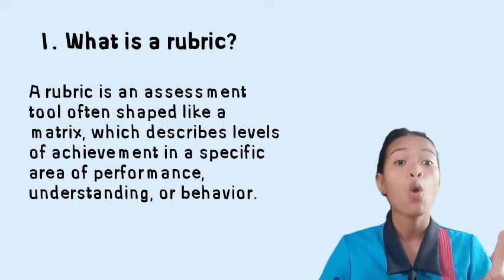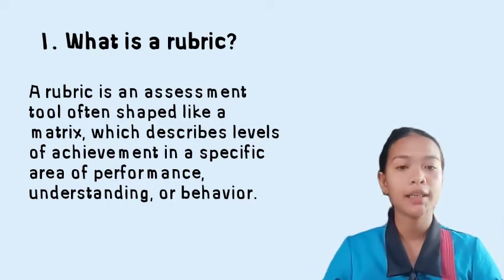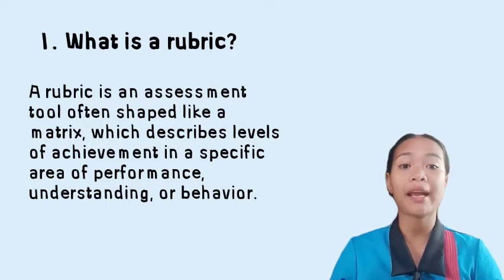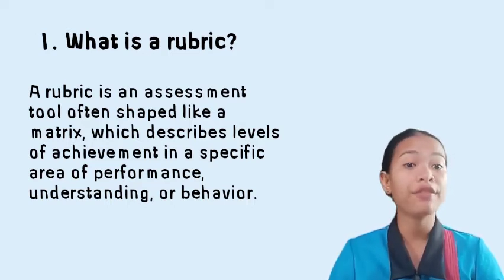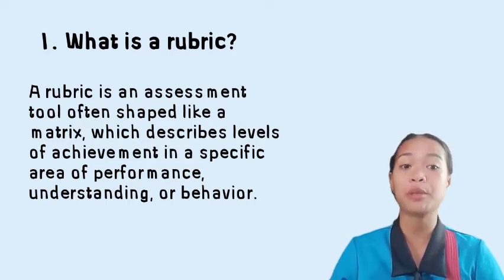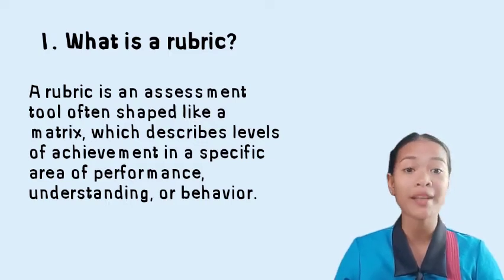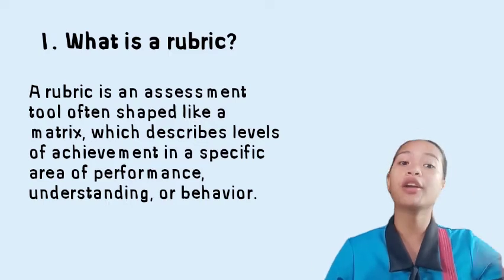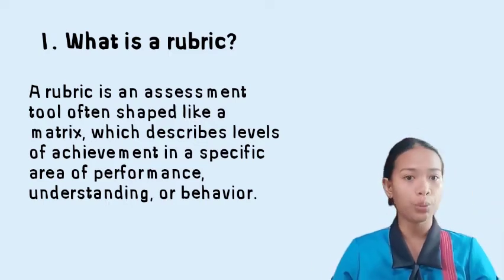So let's proceed to scoring rubrics. Number 1, what is a rubric? A rubric is an assessment tool often shaped like a matrix which describes levels of achievement in a specific area of performance, understanding, or behavior. There are two main types of rubric.